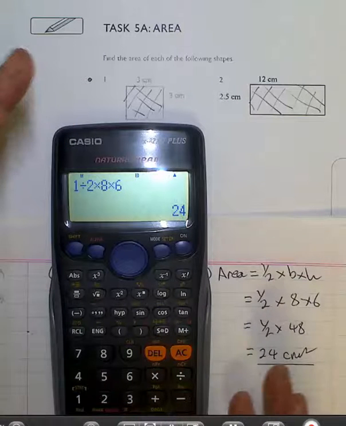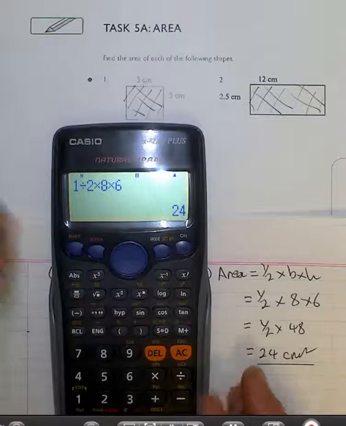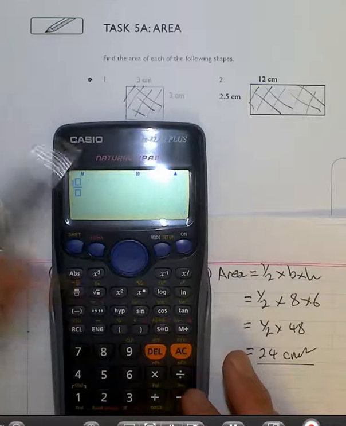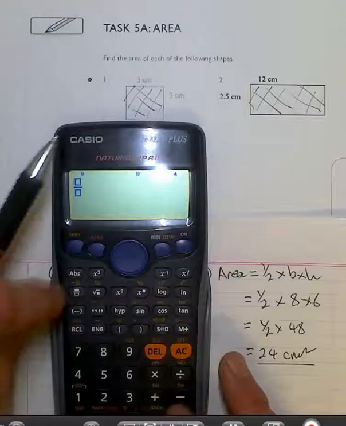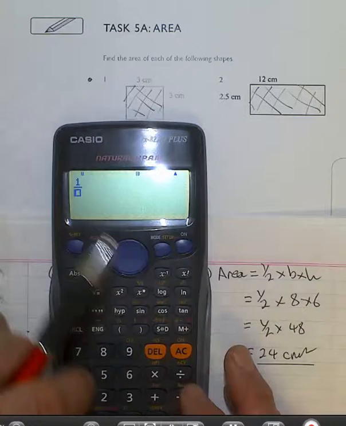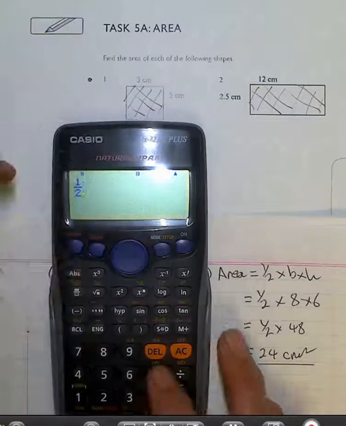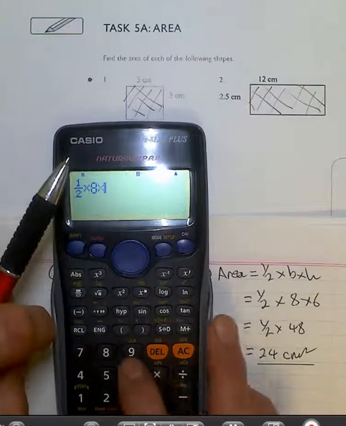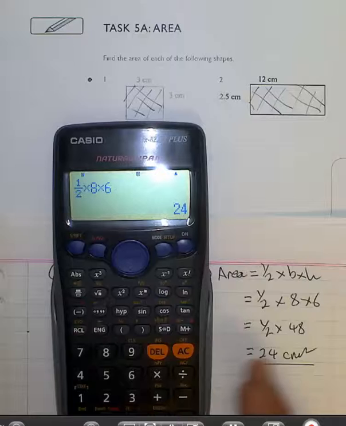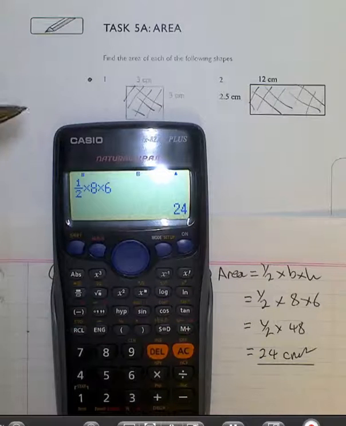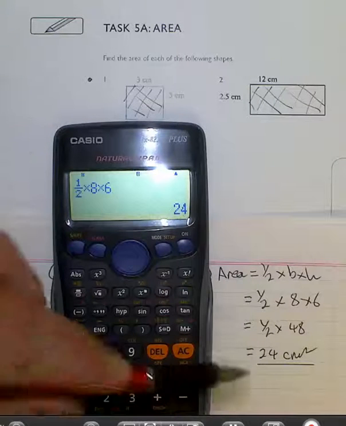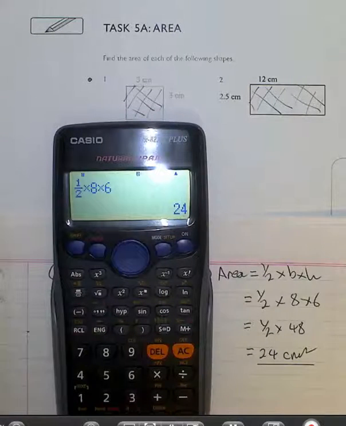You're most welcome to use a calculator as you go. If you're really worried by the fraction, you've got a fraction key notation you can enter, and then that times 8 by 6 and the 24 squared centimetres. Please don't forget to put the units in as you do these questions.